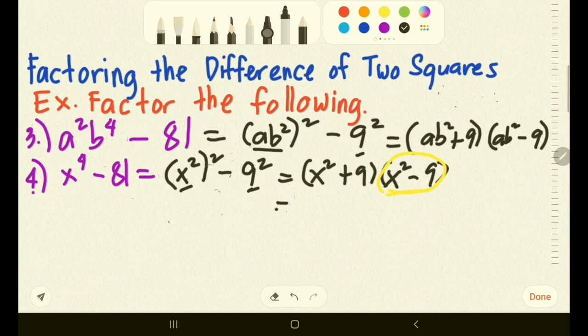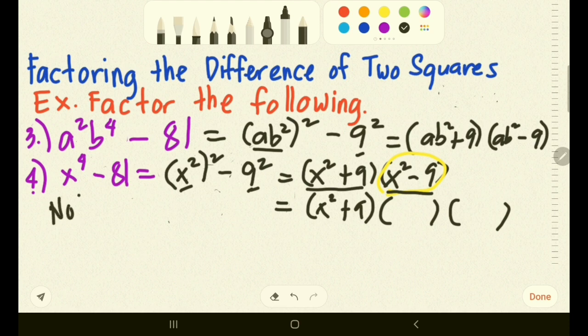So that becomes, just copy this, x squared plus 9. Since this is a difference of two squares, x squared minus 9, expect two binomial factors. So x squared. Note, for x squared minus 9, express each term to the power of 2.